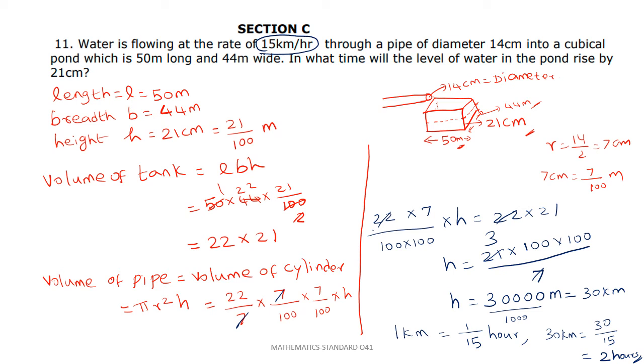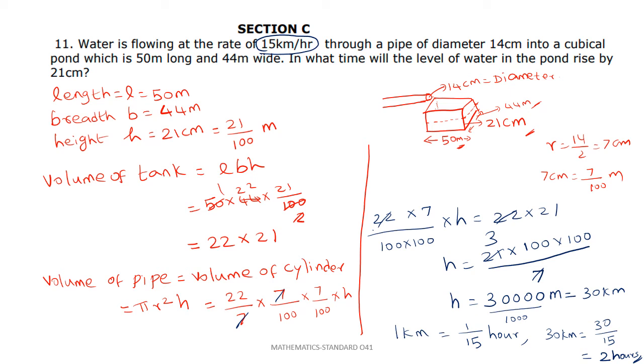Then we have to find the volume of pipe, because through that only water is falling down. Volume of pipe is nothing but it is a cylindrical shape. So pi r squared h, where the diameter is given. So we can find the radius and be very careful, children. Change to meter. Don't forget. So r squared we have, r is 7 by 100. So you have to write it 2 times. Then do all the mathematical calculation steps.